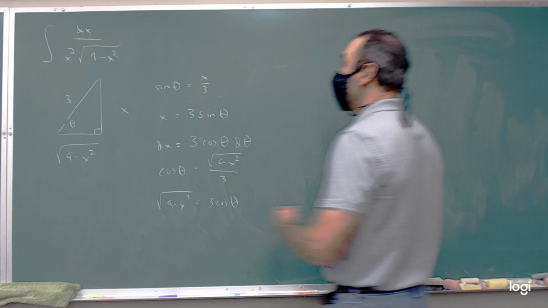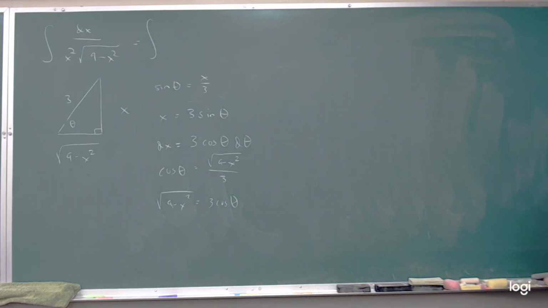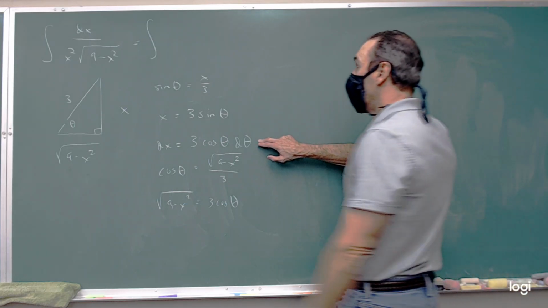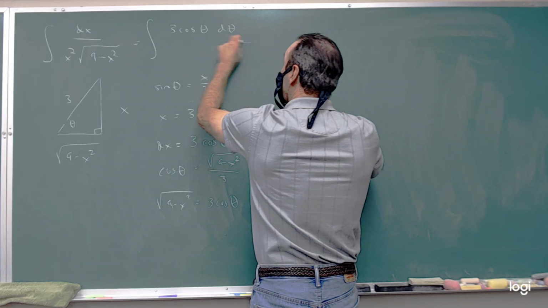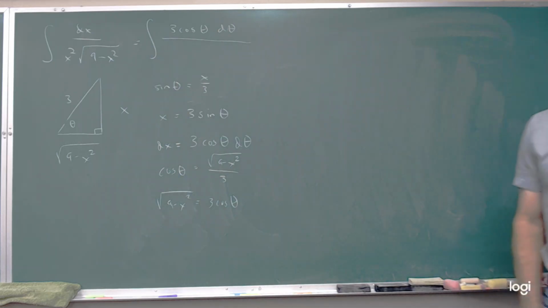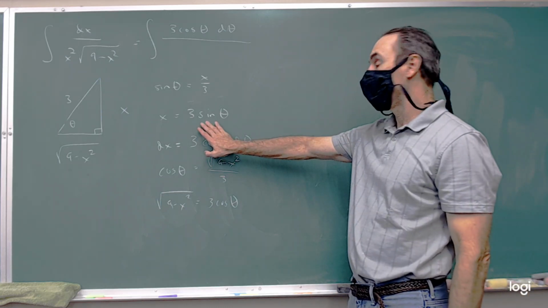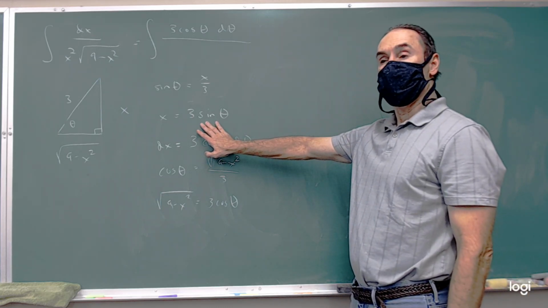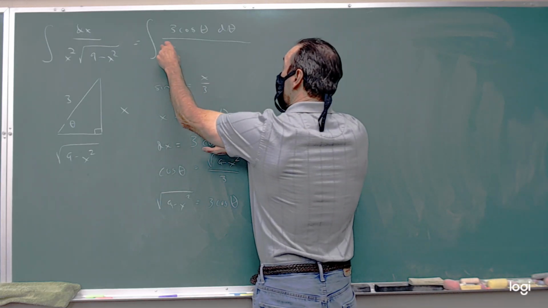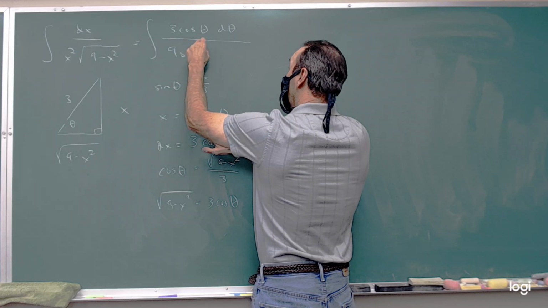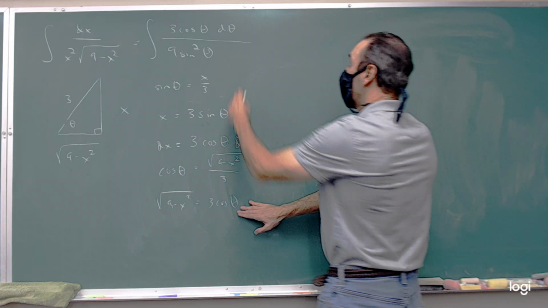So our integral is going to have the dx on top, the 3 cosine theta d theta. We're going to have an x squared. So when we square our expression for x, that's going to become 9 sine squared theta, good. And our radical, 3 cosine theta, good.